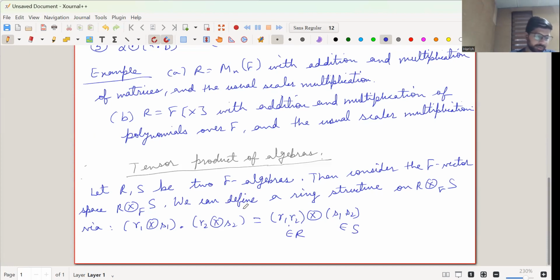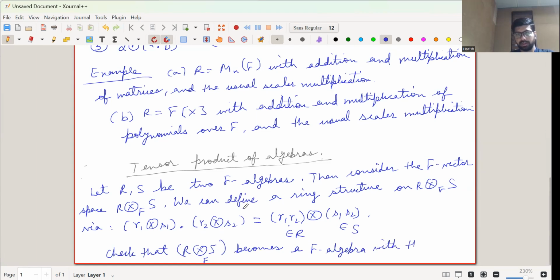Then one can check that R tensor S with this operation becomes an F algebra with this multiplication.